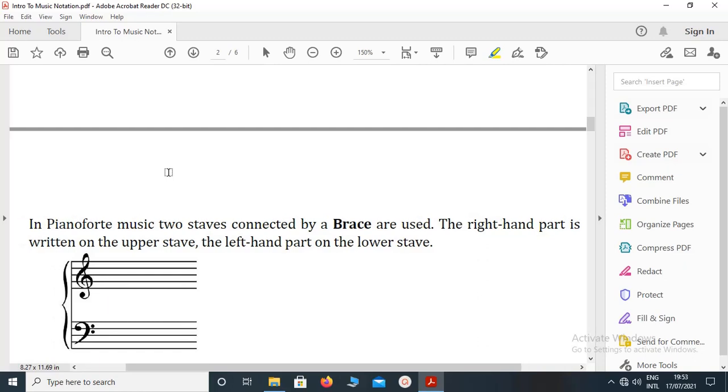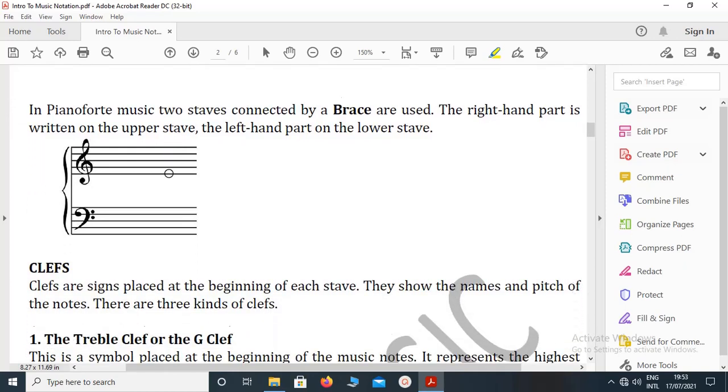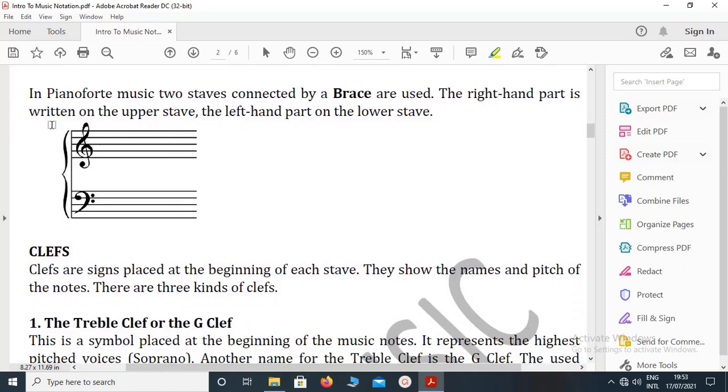Let's just look at it in terms of the pianoforte. When you look at the music in this format, most of the pieces you will find have something like a bracket here. This bracket is what we use for joining these two staves.